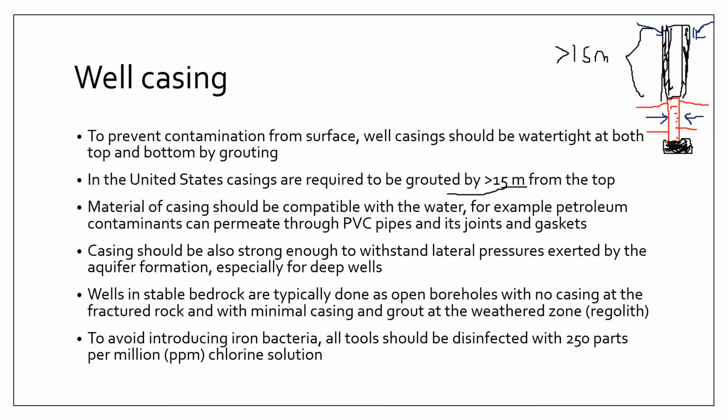Another consideration for the casing material and the casing diameter is the lateral pressures that are exerted by the aquifer formation. This can be especially strong when you are talking about wells that are rather deep, typically wells that are beyond 100 meters and so on.